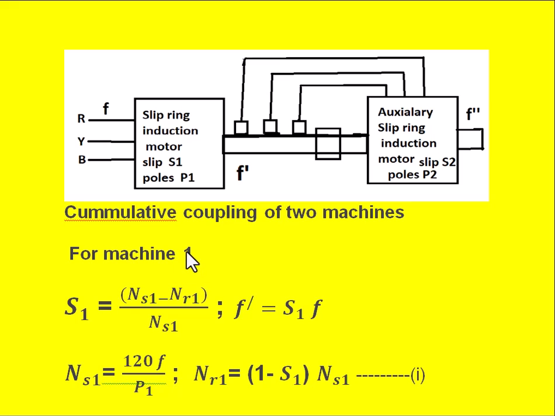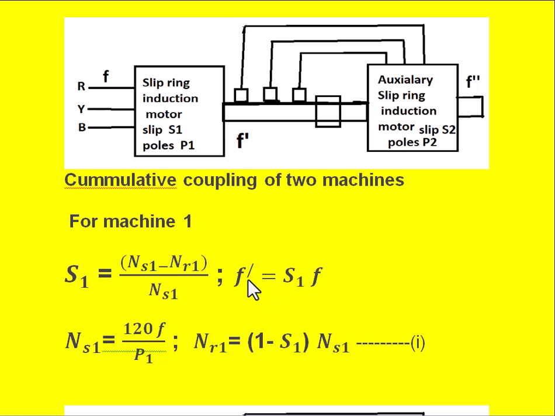For machine 1, the slip S1 can be written like this: S1 is equal to NS1 minus NR1 divided by NS1. Here NS1 represents the synchronous speed of machine 1, NR1 represents the rotor speed of machine 1, and S1 is the slip of machine 1.